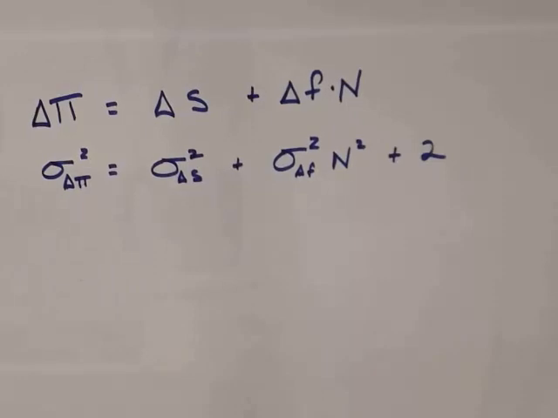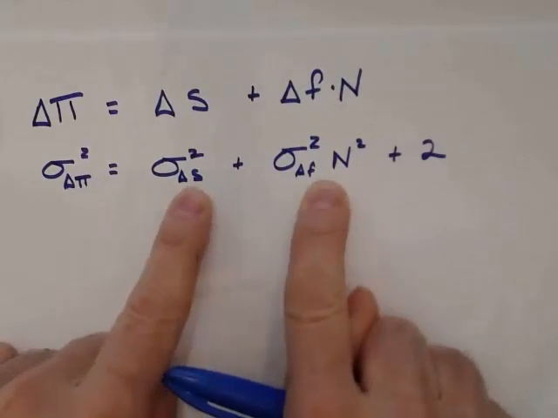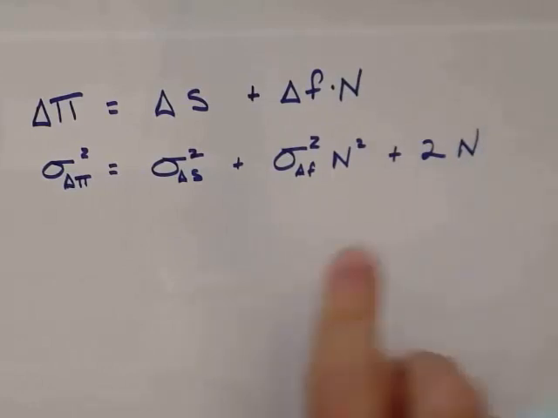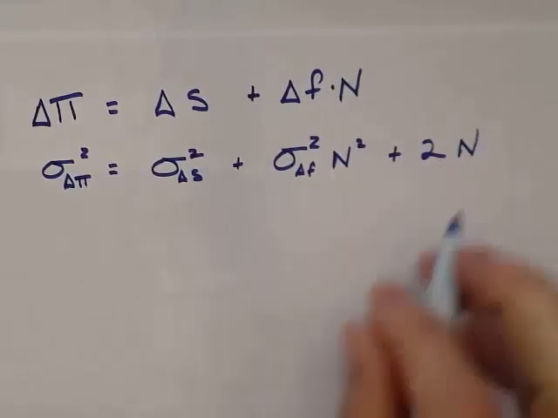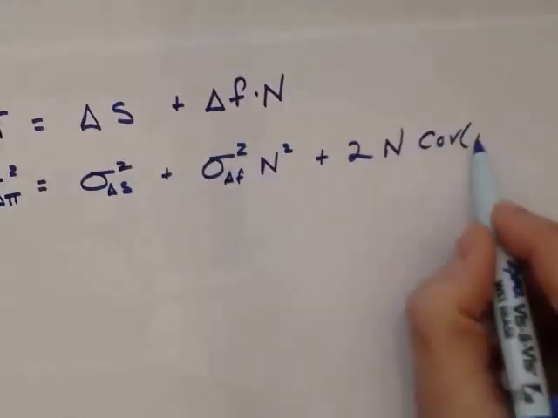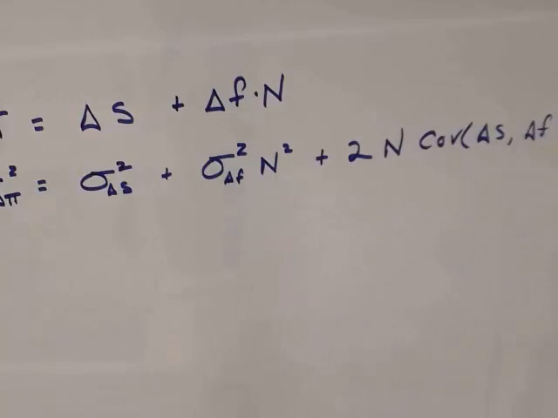I'm going to ask you to know the bottom line results when I get to it, but not mathematically how I get to it. But the reasoning should make sense. So we need to look at the interaction between these two, and that's where covariance comes in. We need to account for the n number of contracts, and multiply that by the covariance between the change in the spot, ΔS, and the change in F, which is the change in the futures contract.